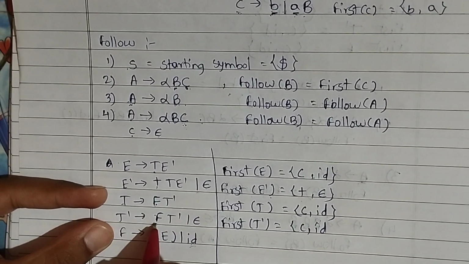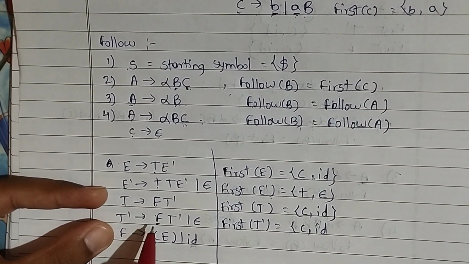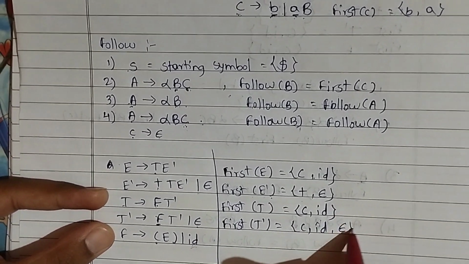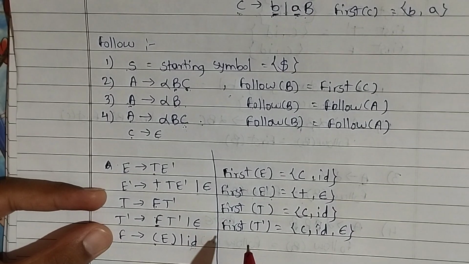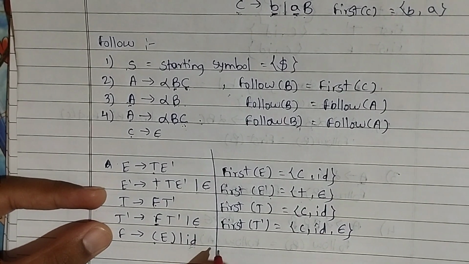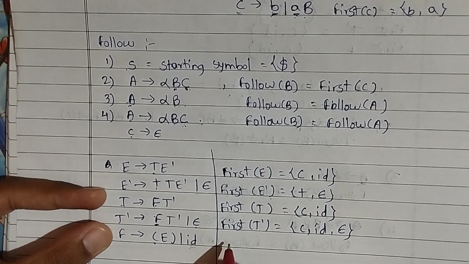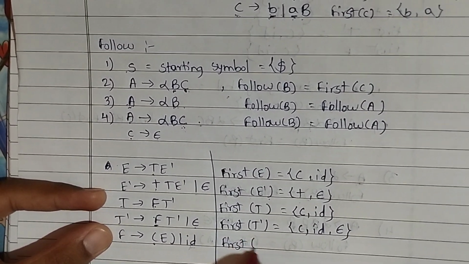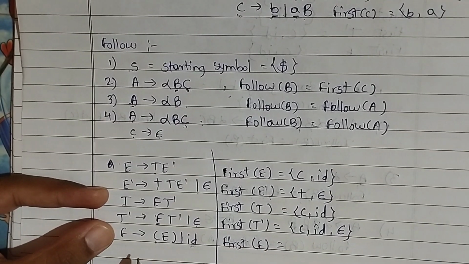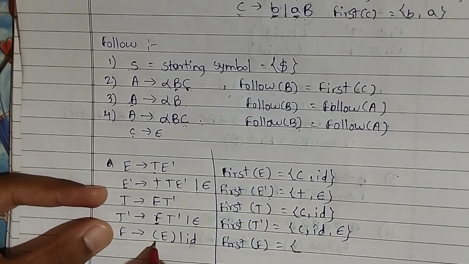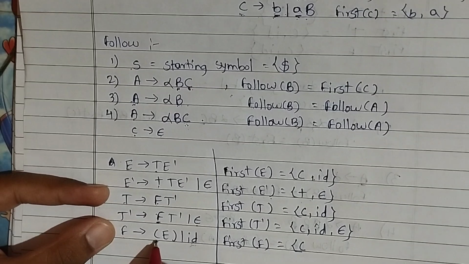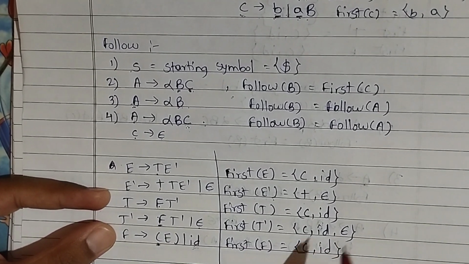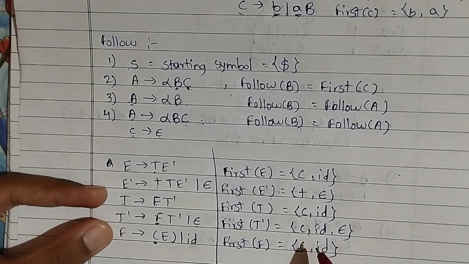We read F only for the first production, but the second we also consider, which is null. So null. This is the first of T dash. Now again first of F. The starting symbols are opening bracket and ID. So I hope you all get the idea how we find the first for this grammar.